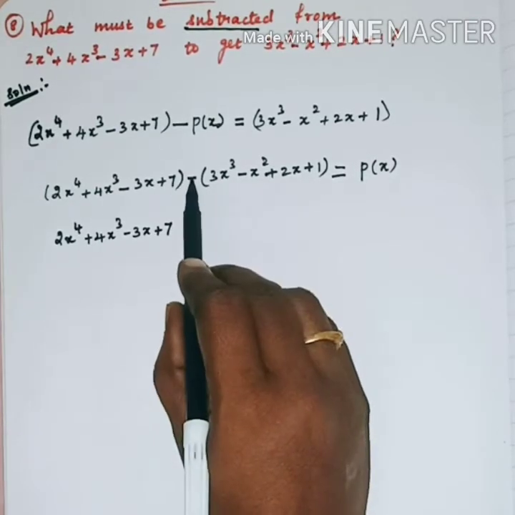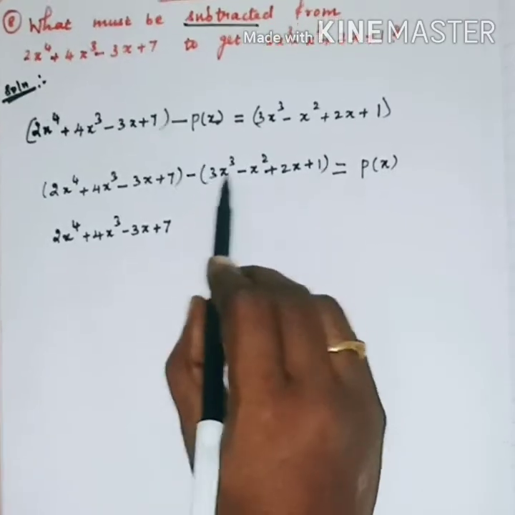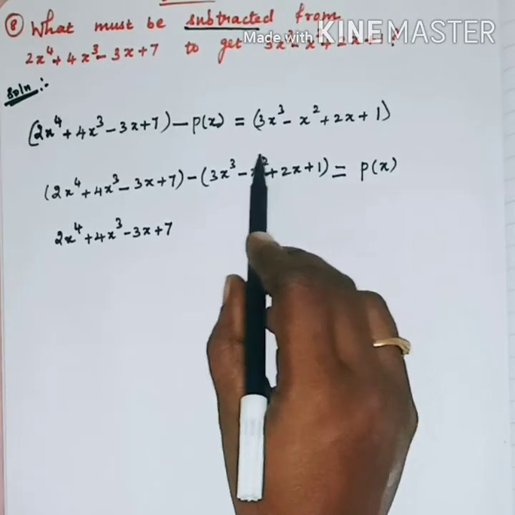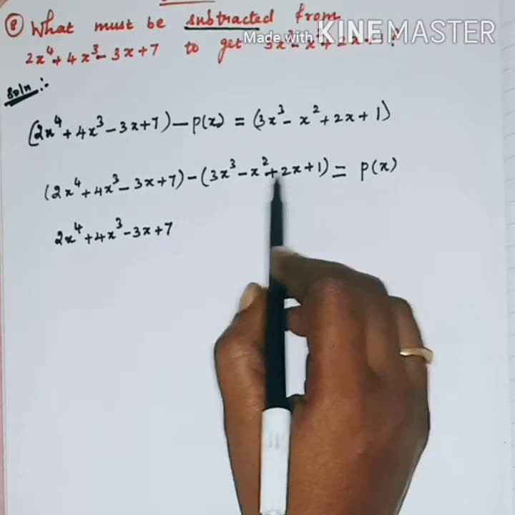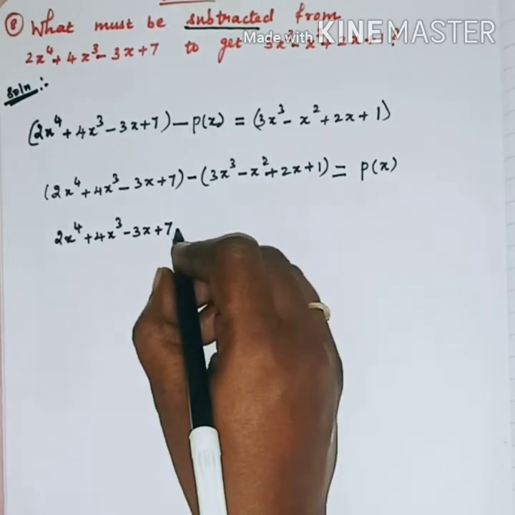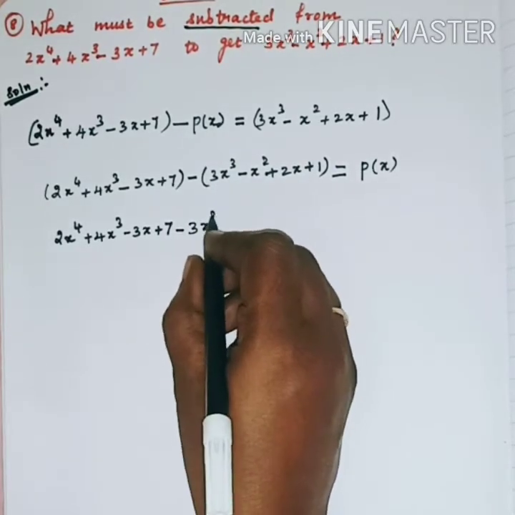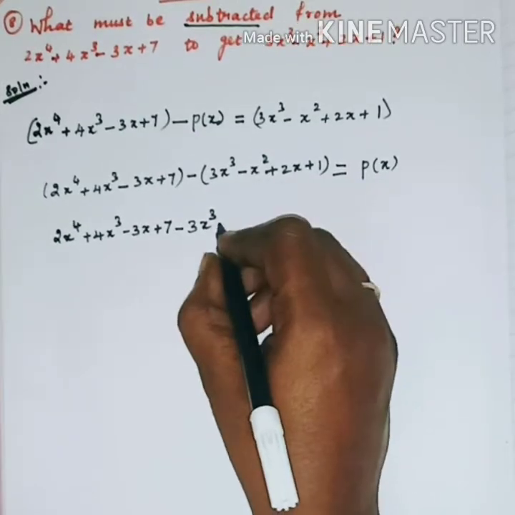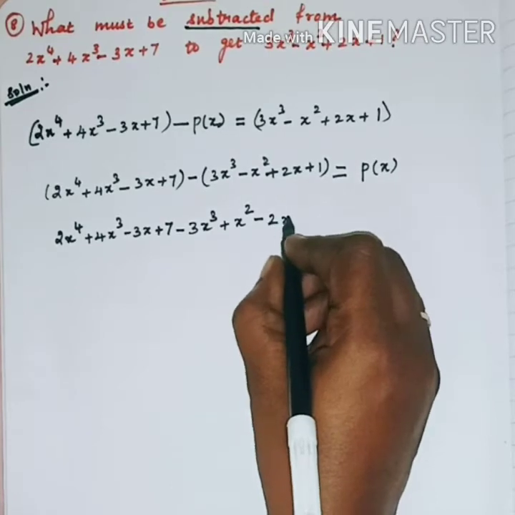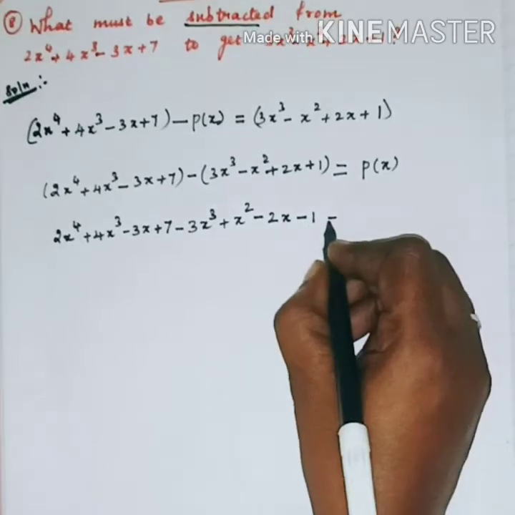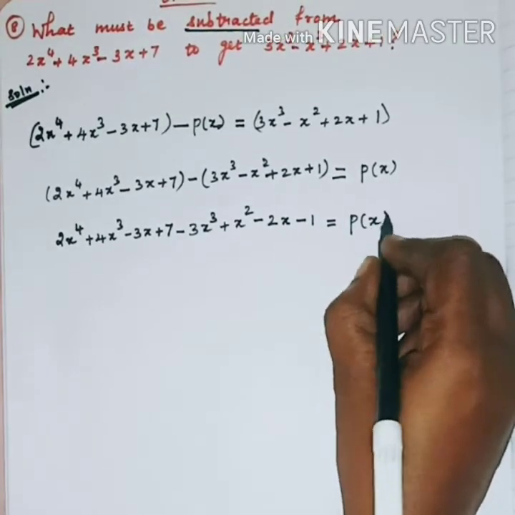When we subtract two polynomials, we have to change the signs of the expressions in the second polynomial. So plus 3x cube becomes minus 3x cube, minus x square becomes plus x square, plus 2x becomes minus 2x, plus 1 becomes minus 1 equal to p of x.